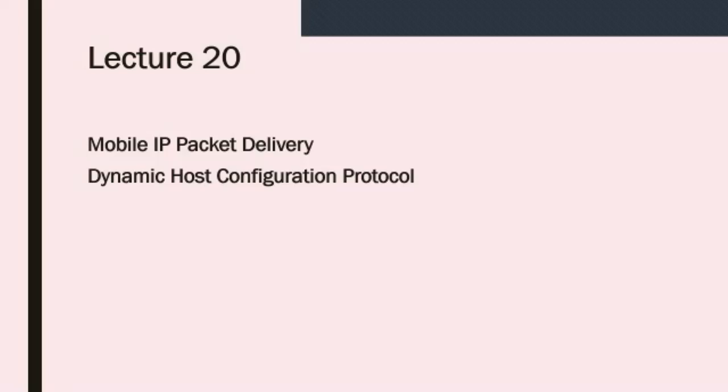Now, packet delivery. Corresponding node CN wants to send an IP packet to a mobile node MN. First of all, let me say something more before explaining this. Current versions of the internet protocol IP assume that the point at which a computer attaches to the internet or network is fixed, and its IP address identifies the network to which it is attached.